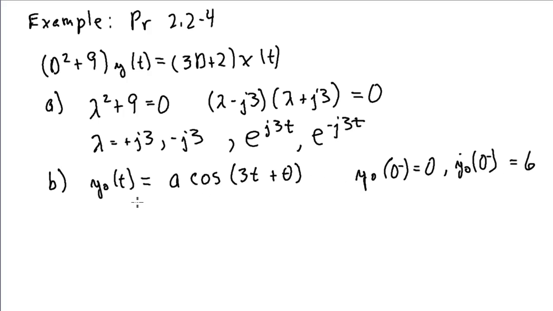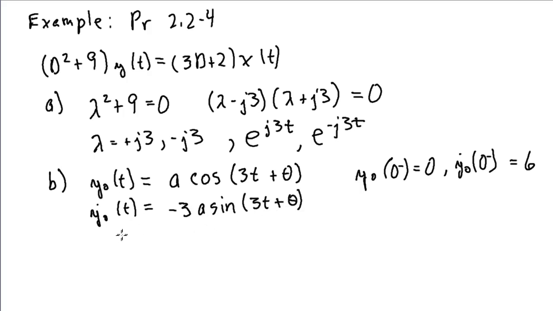So again, I will need the first derivative. In this case, the derivative of cosine, I have to pull out the 3, and it'd be minus sine. So this is the derivative.